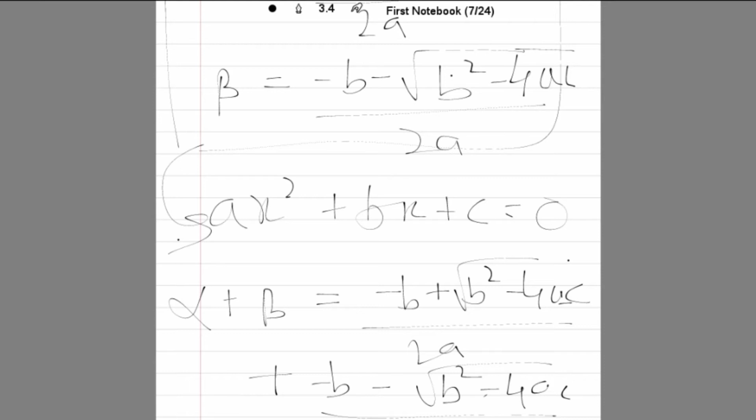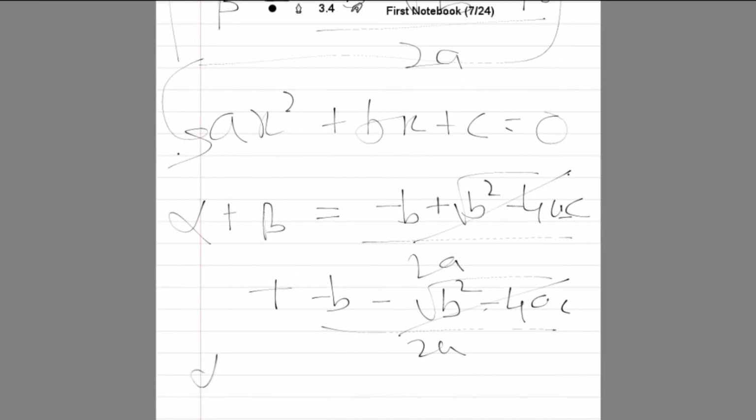We can just directly add and subtract the numerators. This root of b square minus 4ac is plus and this is minus, so we can just cancel it out, and what we will get is alpha plus beta is equal to minus b and minus b upon 2a.